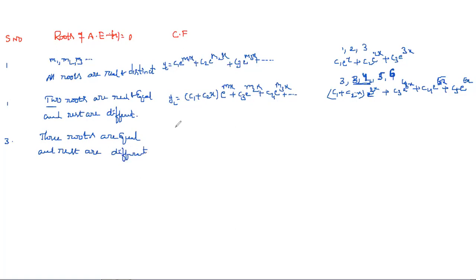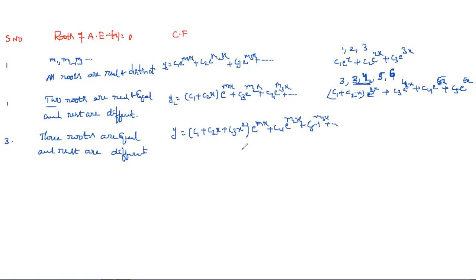Then how do we write this? Yc = (C1 + C2 x + C3 x²) e^(mx) plus the remaining, C4 e^(m2 x) plus C5 e^(m3 x) and so on, like this.